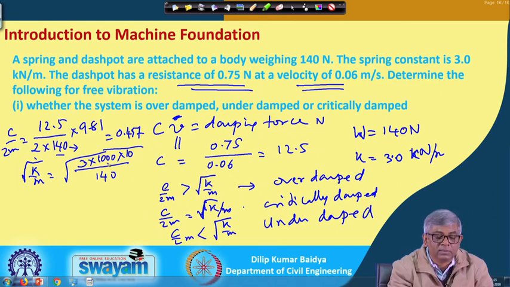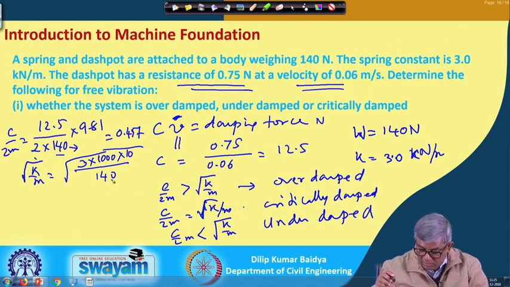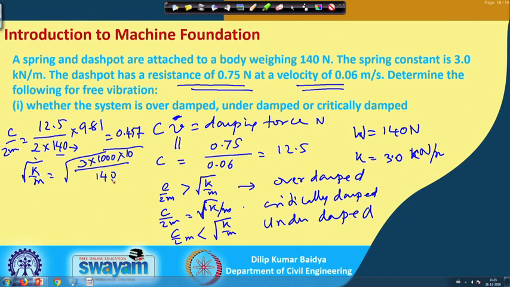So, under root of 3000 multiplied by 10 divided by 140, which equals 214.3, and under root of 214.3 becomes 14.6.